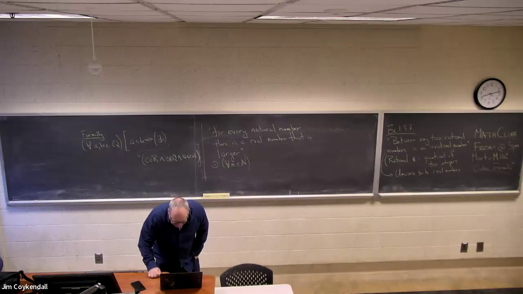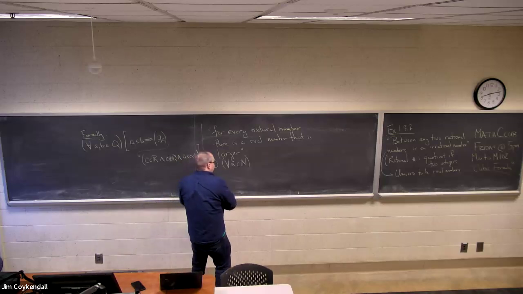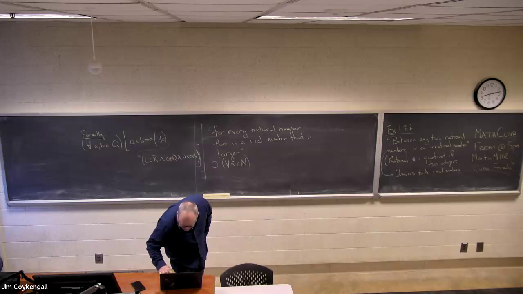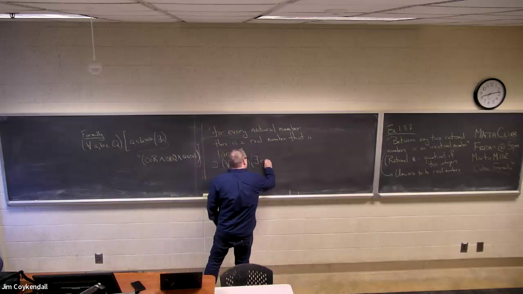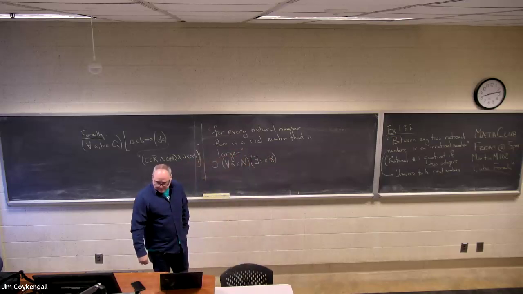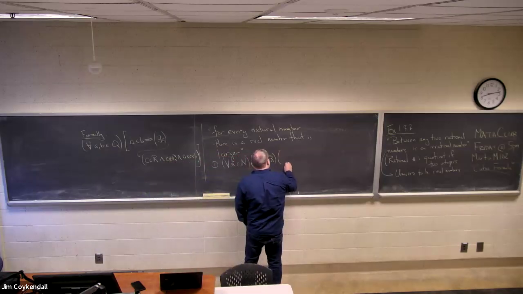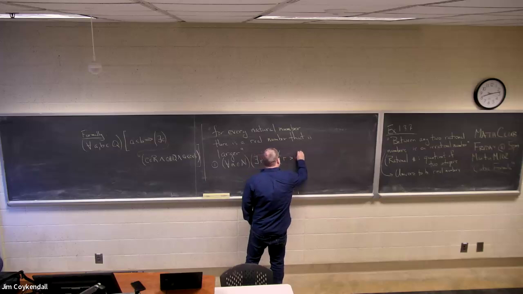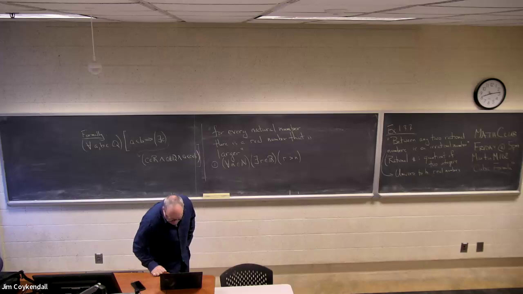For every natural number N, there exists R, a real number, such that R is bigger than N. That's kind of a compact way.